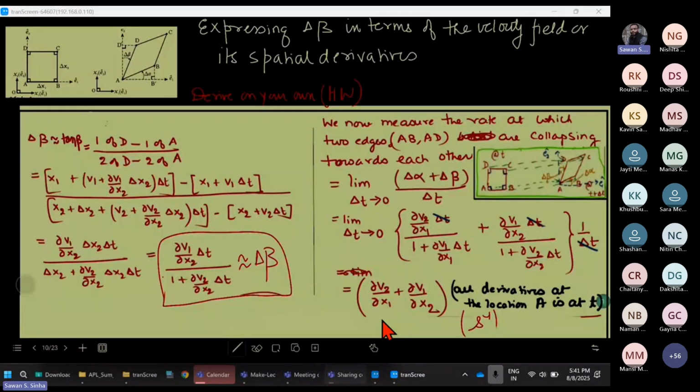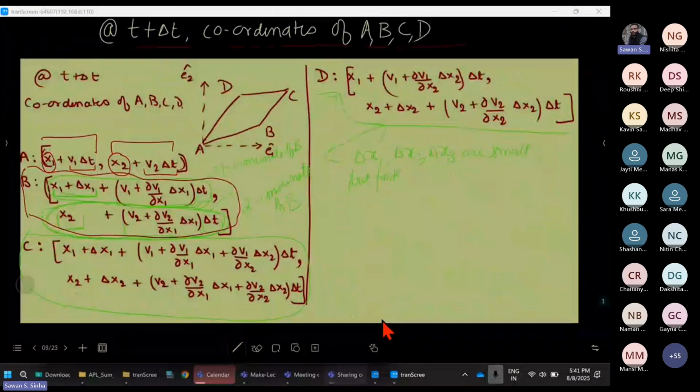Yes, so continuing with delta beta, 1 of D minus 1 of A divided by 2 of D minus 2 of A. And again, 1 of D, 2 of D, 1 of A, all these things will be borrowed from this slide.